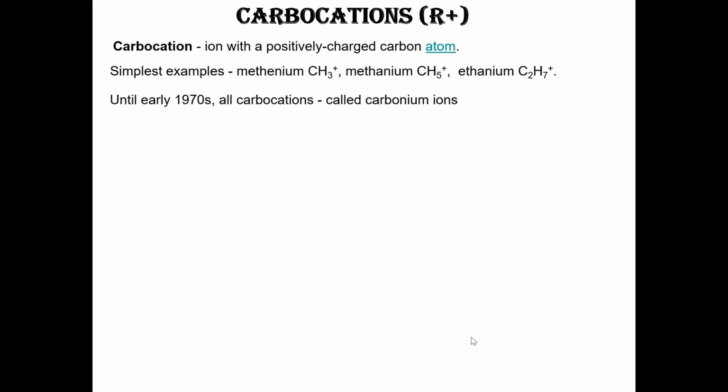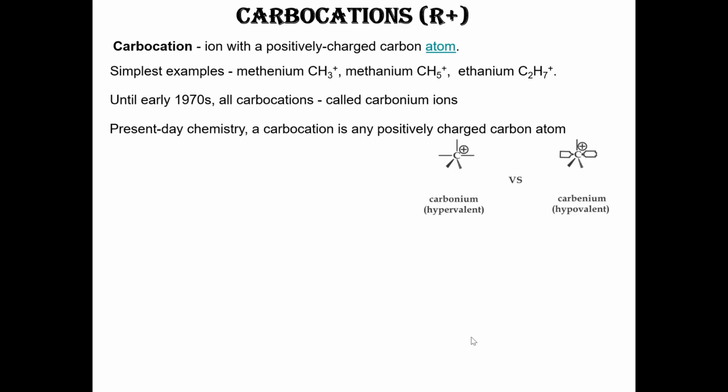Until the early 1970s, all the carbons with a positive charge were called carbonium ions. At present, we are calling them carbocations. Here, the carbocations can be classified into carbenium ions or carbonium ions.